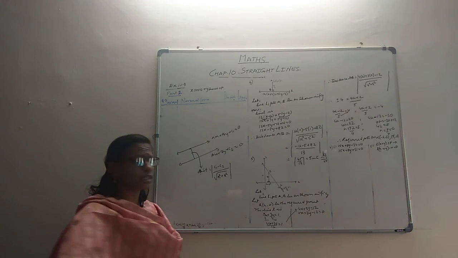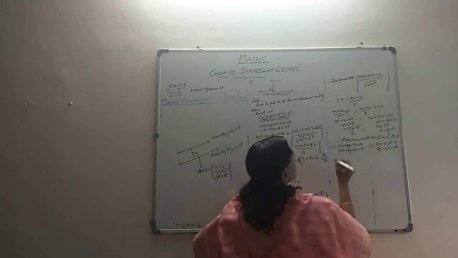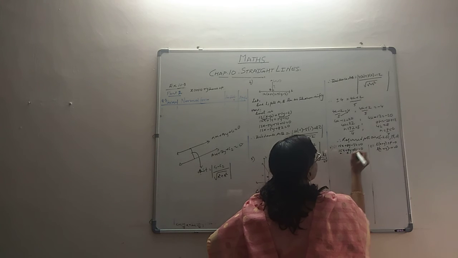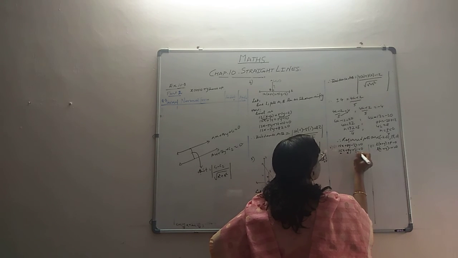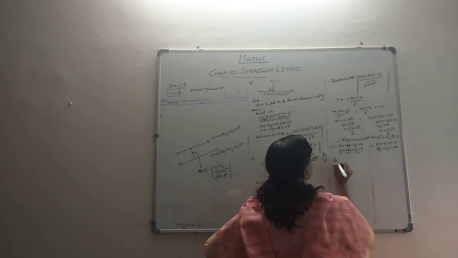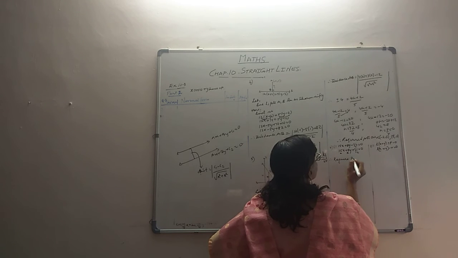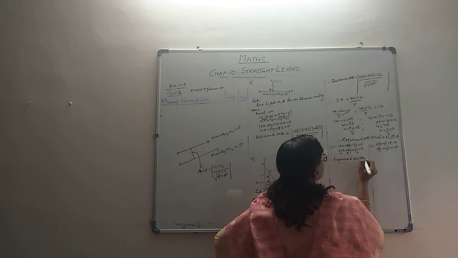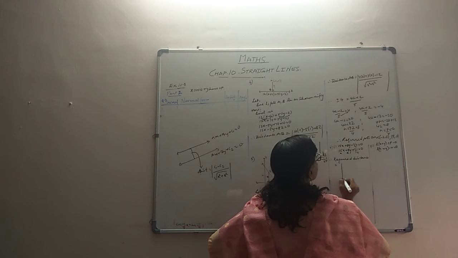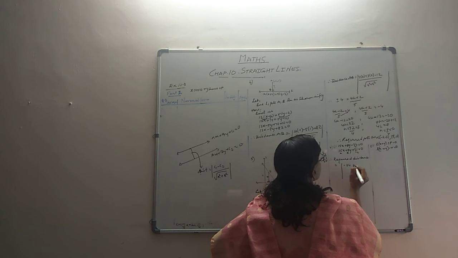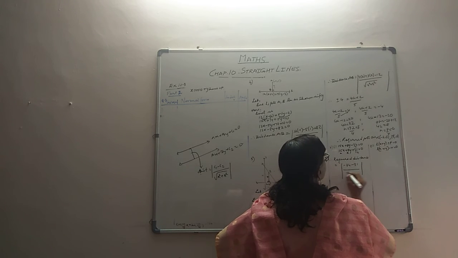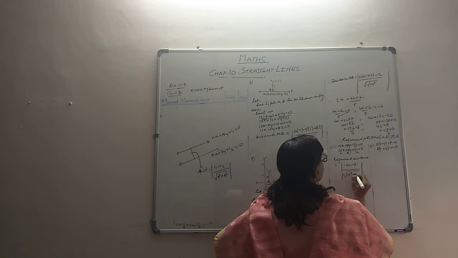So you have to conveniently substitute it over here. For us, this is a, this is b, this is c1 and this is c2. So therefore the required distance will be first c1 minus c2, that means minus 34 minus 31, by root of 15 squared plus 8 squared.